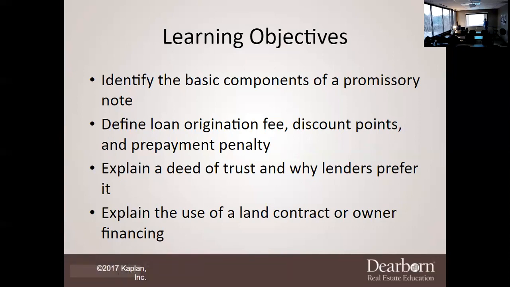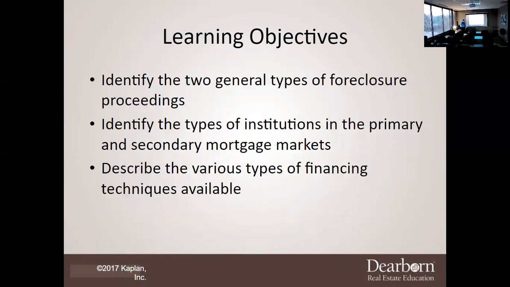So what we're going to start off with, we're going to identify the basic components of a promissory note. We're going to define the loan origination fee, the discount points and prepayment penalty. We'll also explain what a deed of trust is and why lenders prefer it, and explain the use of a land contract or owner financing. So these are some of the things we are going to cover this evening.